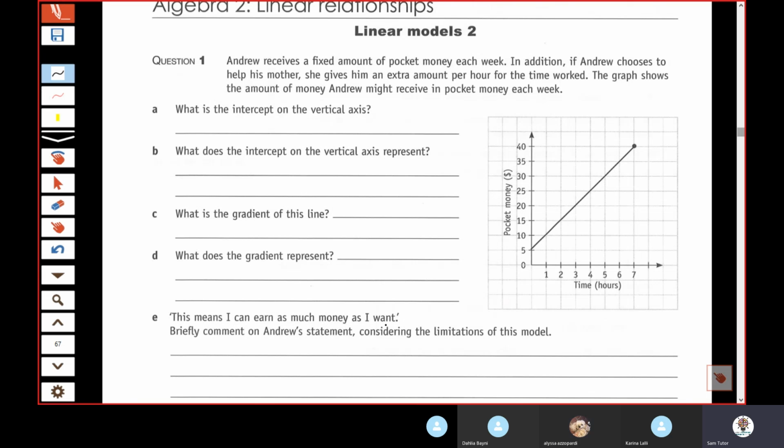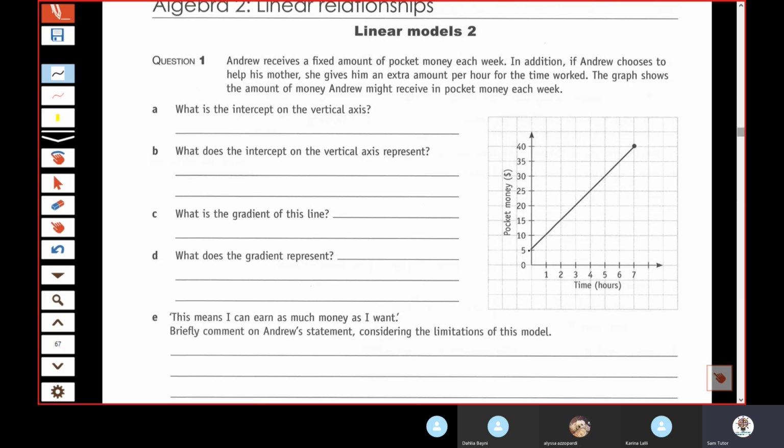All right, Andrew receives a fixed amount of pocket money each week. In addition, if Andrew helps his mother, she gives him an extra amount per hour for the time worked. Well, I think we already understand, there's the variable and there's a fixed cost. The graph shows the amount of money Andrew might receive in pocket money each week. What is the intercept on the vertical axis?